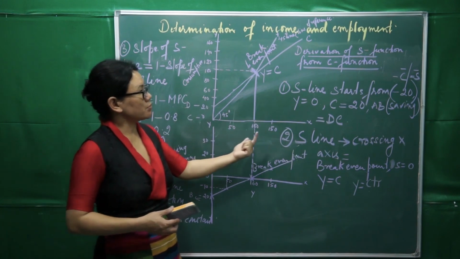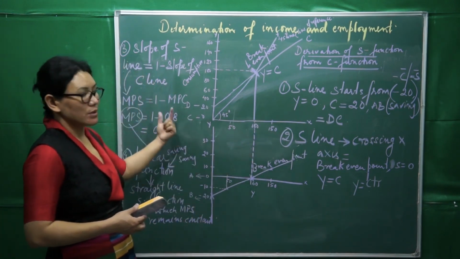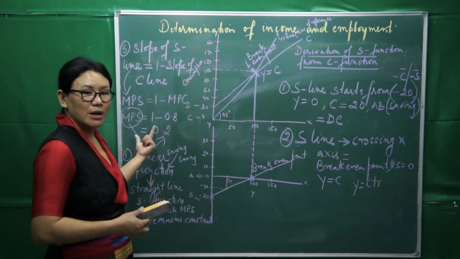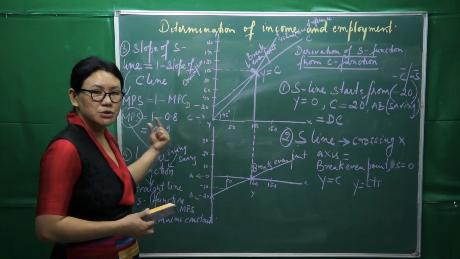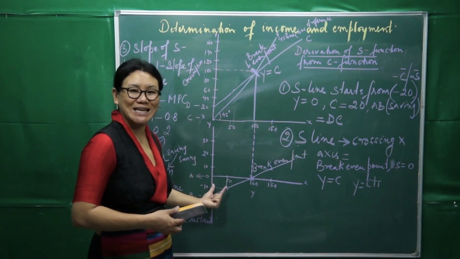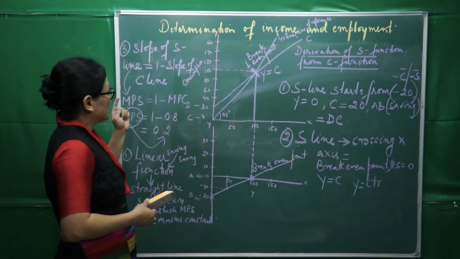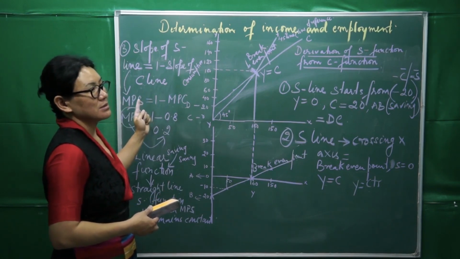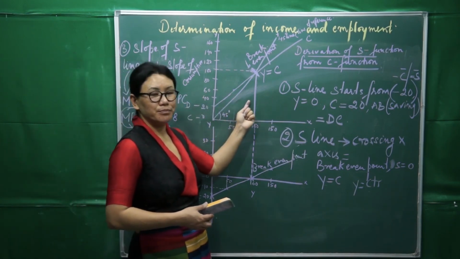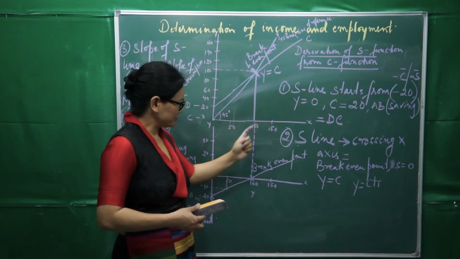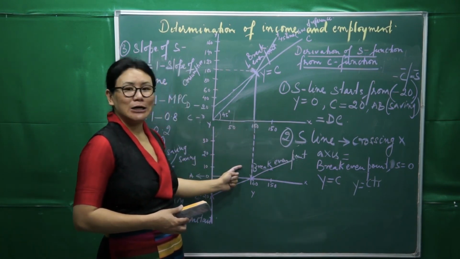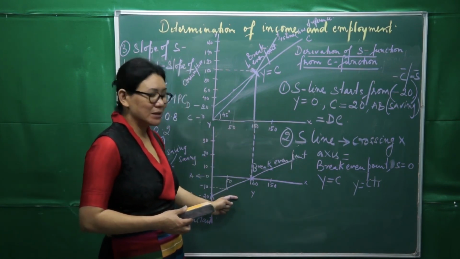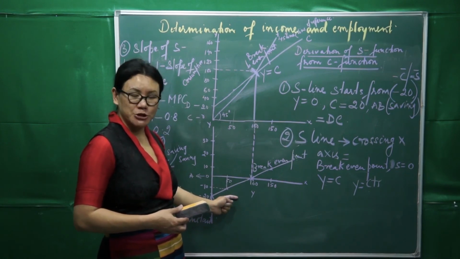For the derivation process, what we have to do is make a schedule again. We have to make use of the consumption schedule to derive the saving function schedule, and by using the consumption schedule, go for the consumption function diagram, as well as on the basis of it, draw the saving function diagram.